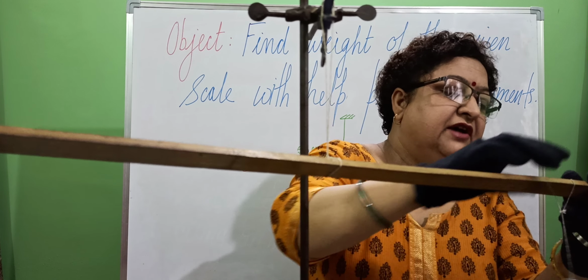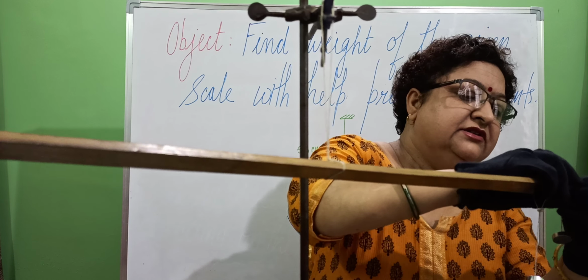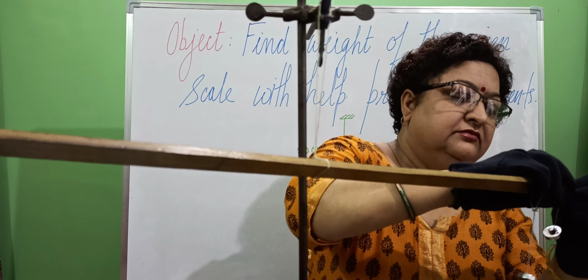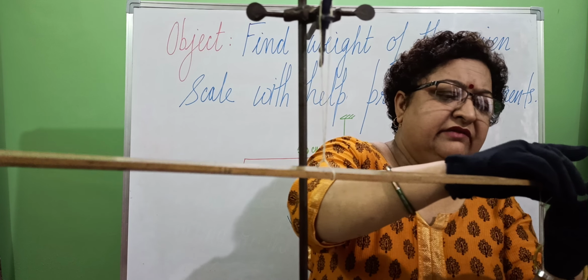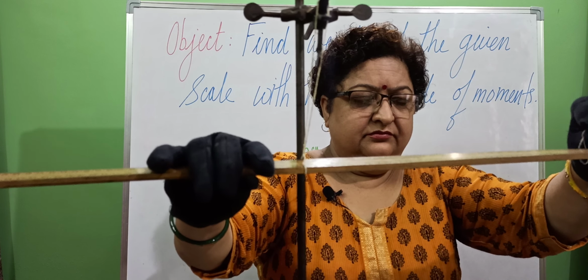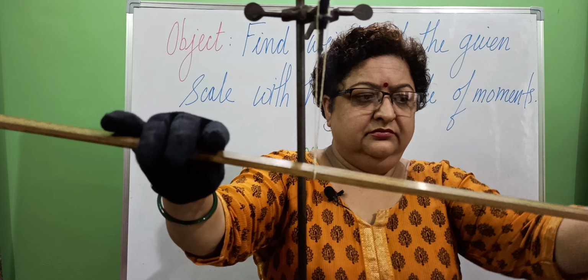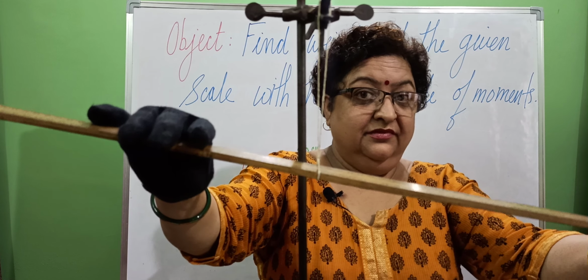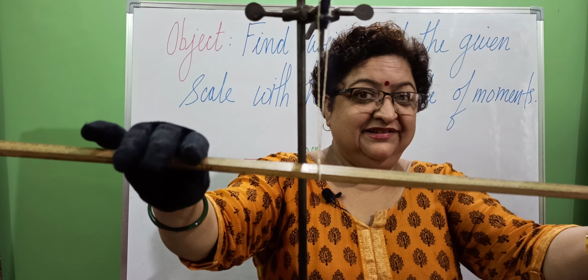Let me see if I can fix this 20 gram weight here. And even if I cannot fix it, then I can put it here. Now something is happening there.